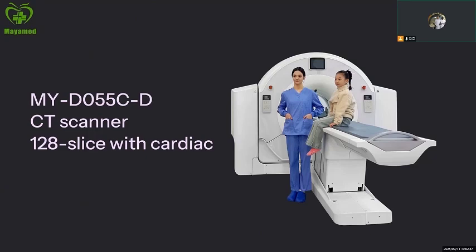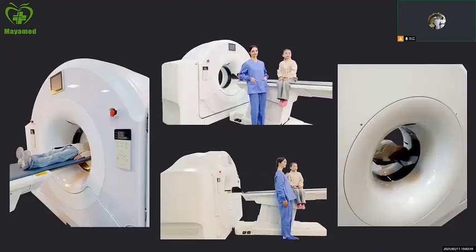So this is one of our most advanced CT scanners, the 128 slice CT scanner with cardiac. In these photos, we can see different angles of our latest 128 slice CT scanner.